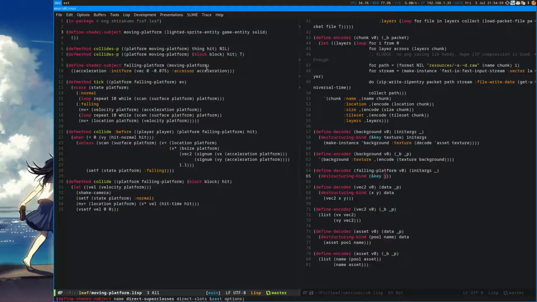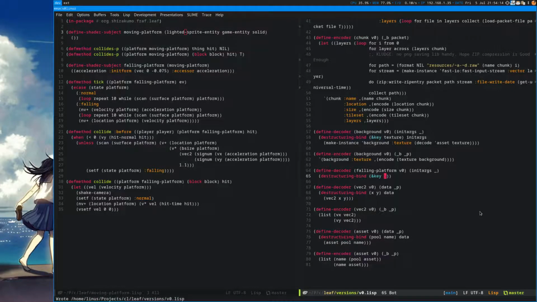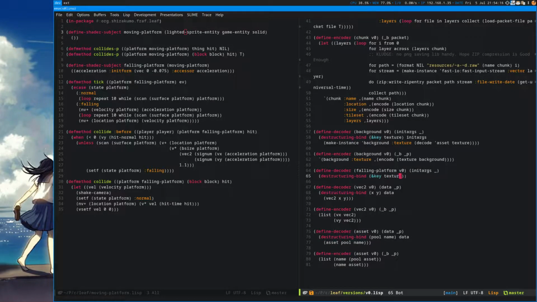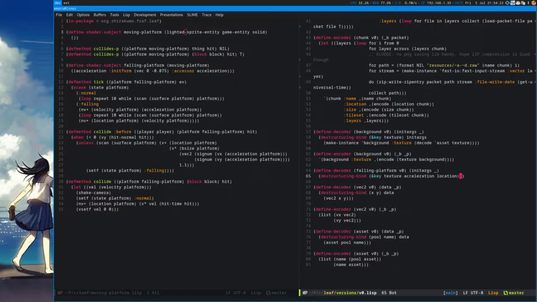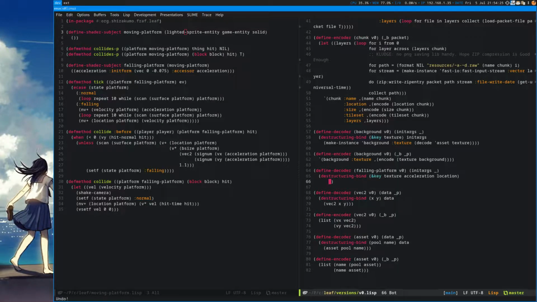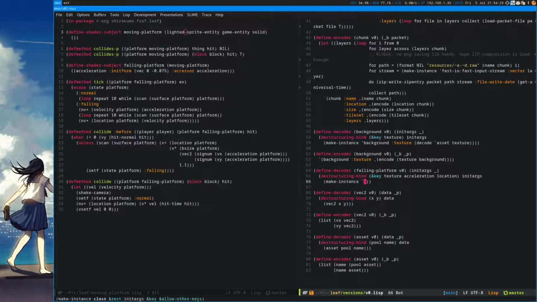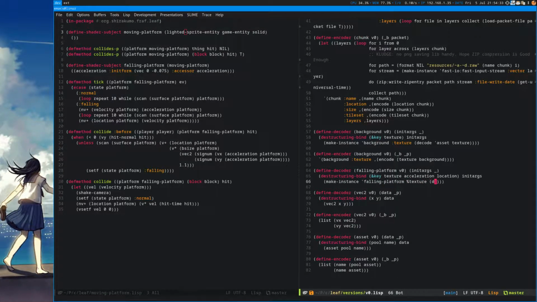It's a lighted sprite entity. So I do need to know the texture and the acceleration and the location.